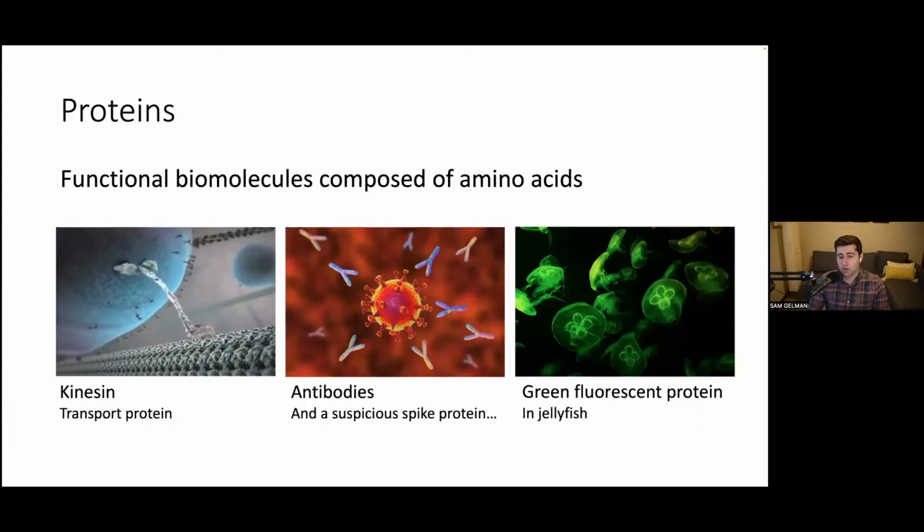Proteins are large biological molecules made up of amino acids. They perform lots of important functions in biology. For example, enzymes help digest nutrients, and antibodies help fight viruses. And in general, proteins are very diverse, and there's a wide range of functions that they perform.